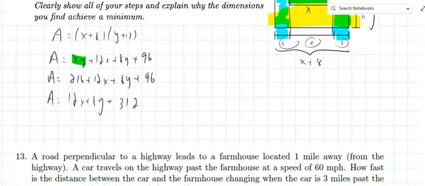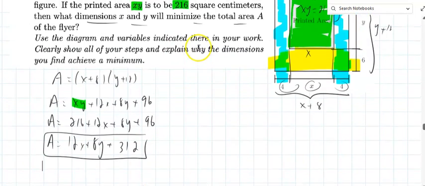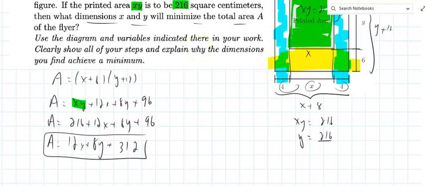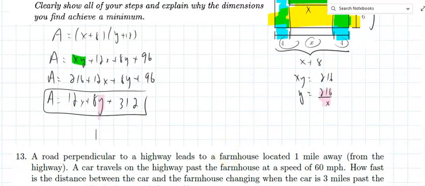There are 2 unknowns in this equation. I need to get rid of one of them. If I know that xy equals 216, then I could say y is 216 divided by x. Take this quantity and put it right there. That converts the problem into a function of only one variable, x.